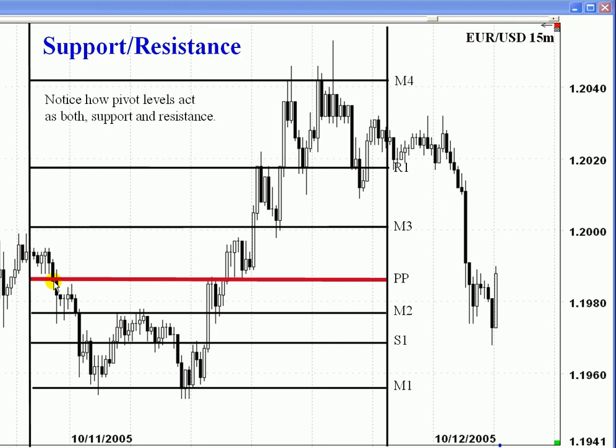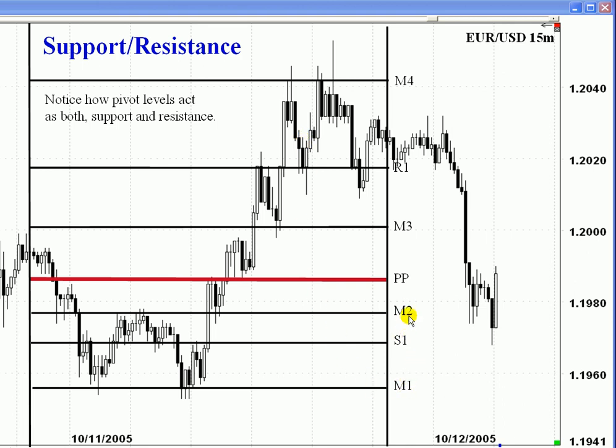This chart is simply a graphic to show you how price acts as both resistance and support. We see here our pivot levels, and we see how the ranges trade between the invisible levels of resistance and support.